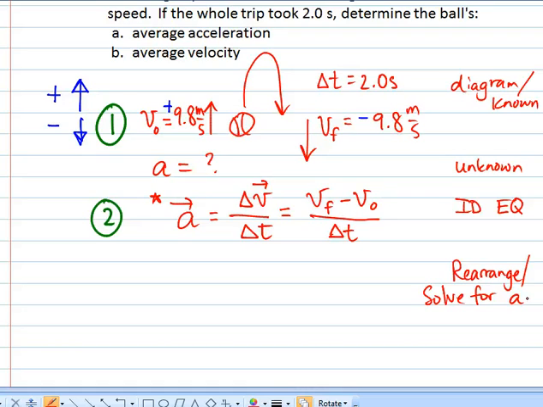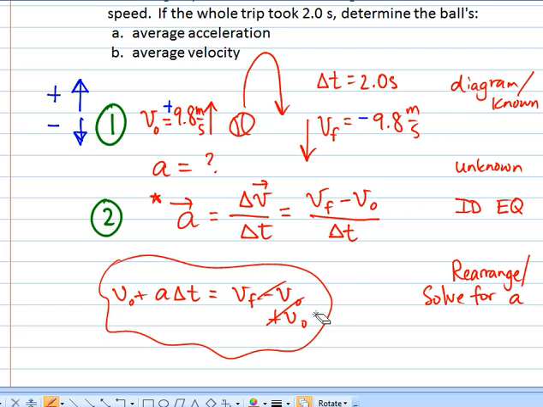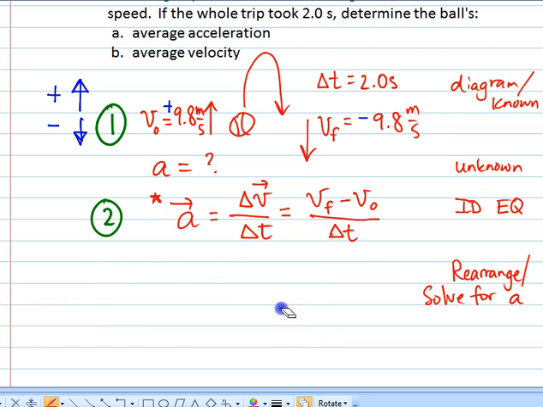So in a later example, or on another problem, you might need to solve this for the final velocity. So you could start with this equation and then say, oh, I could multiply each side by t, and then I could add v initial to each side, and that could get me the final velocity. But that's for something else. Right now we're just trying to find the acceleration.